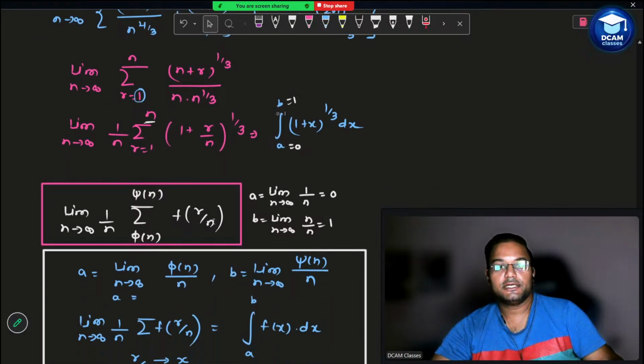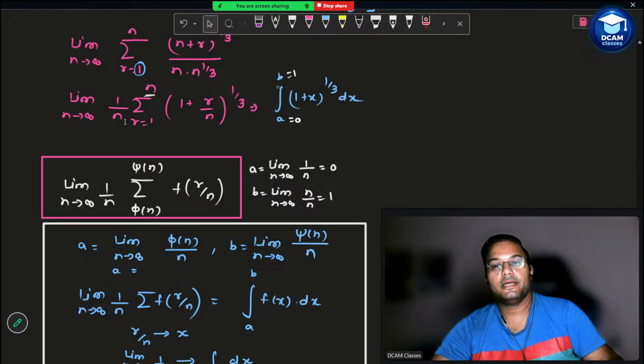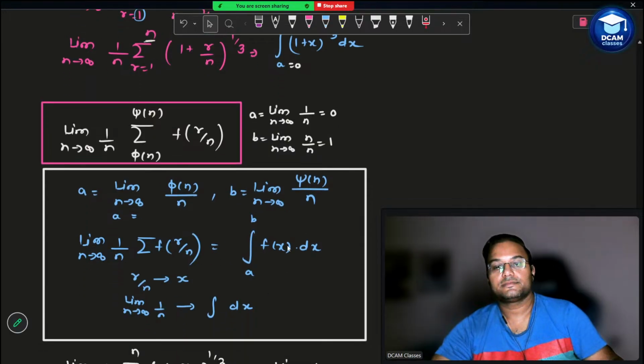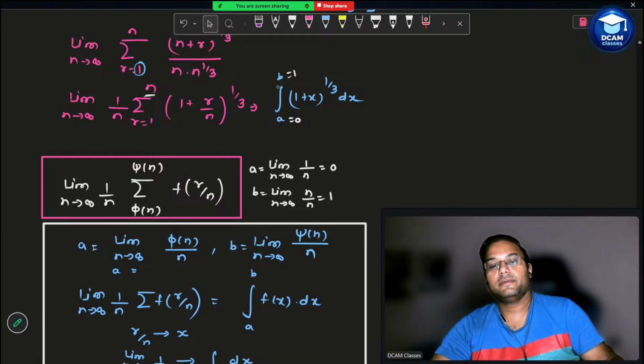Now my conversion says, limit n tends to infinity 1 by n sigma would be replaced with integral dx. f of r by n is converted as f of x, meaning r by n is converted as x. And then the lower limit and upper limit are calculated like this. Limit n tends to infinity, sigma lower value divided by n, that is, here 1 was there, 1 by n, it is 0. Then limit n tends to infinity, the upper one, n by n is equal to 1. Yes, I got it.